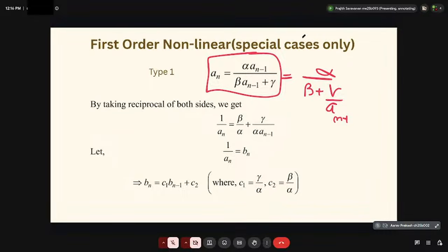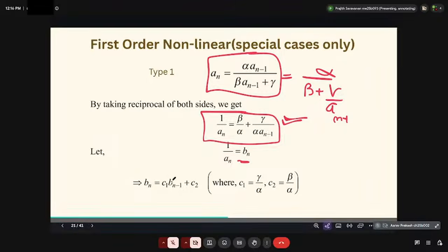Why did we reciprocate? Because if we reciprocate, we can substitute bn. Once you substitute bn, you will get bn equal to beta by alpha plus gamma by alpha into bn minus 1.